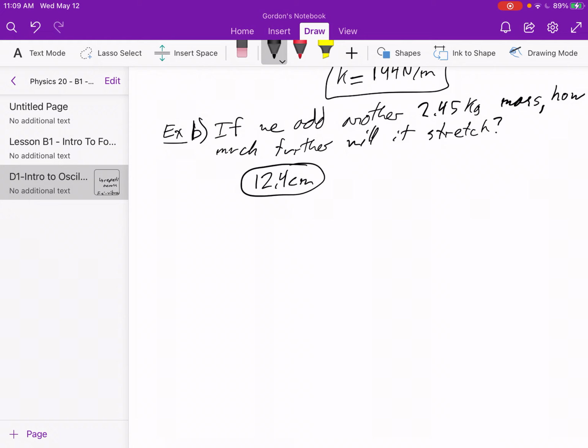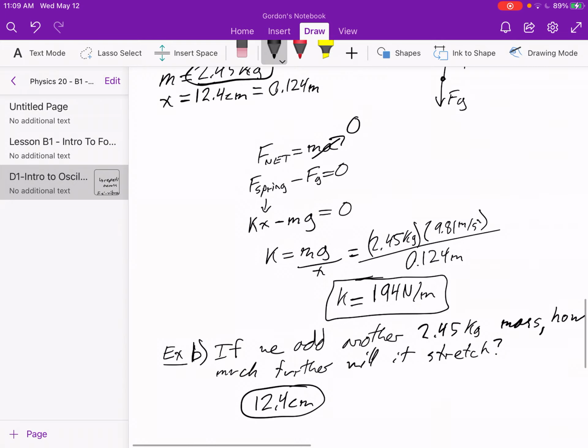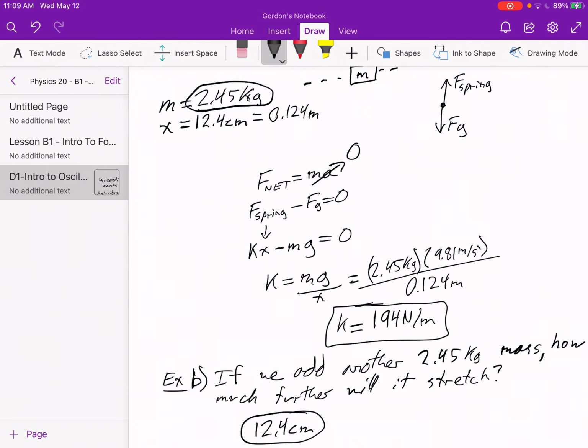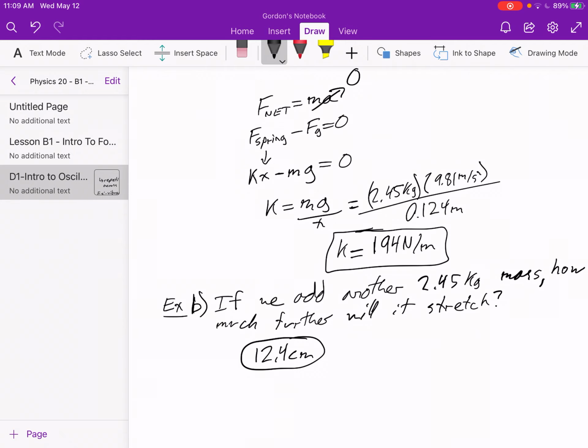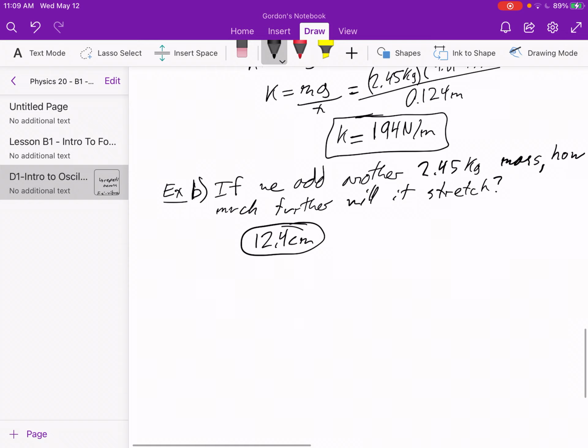So we don't even have to do any calculation to answer this question if we understand that displacement and force are proportional. We could have drawn another free body diagram. Our force of gravity would be bigger, our mass would have doubled, and we could solve for x. But that's not necessary, since we can just think about it and realize that it's going to stretch the same amount.